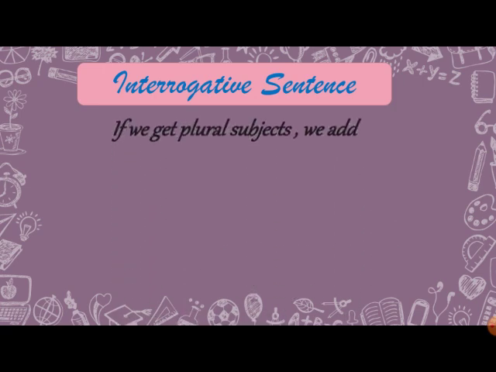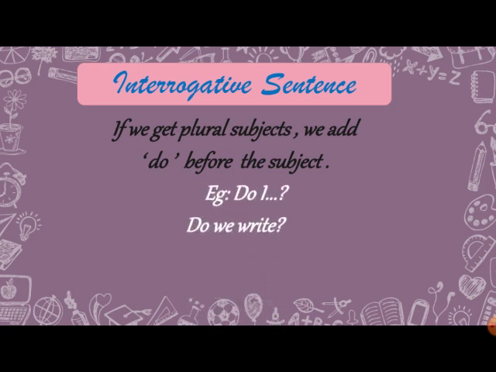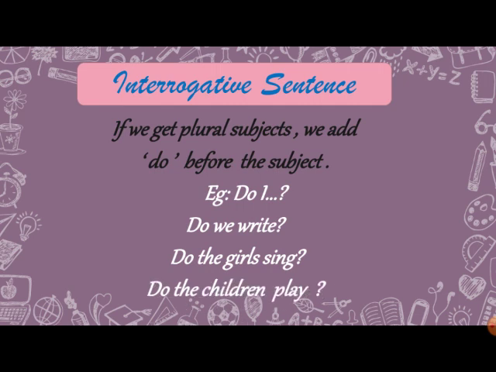If the subject is plural, we add do before the subject. Do I? Do we write? Do the girls sing? Do the children play? Dear children, if you just remember the rules, this lesson will become very easy for you. But if you forget, then it will be very difficult to solve the sentences.